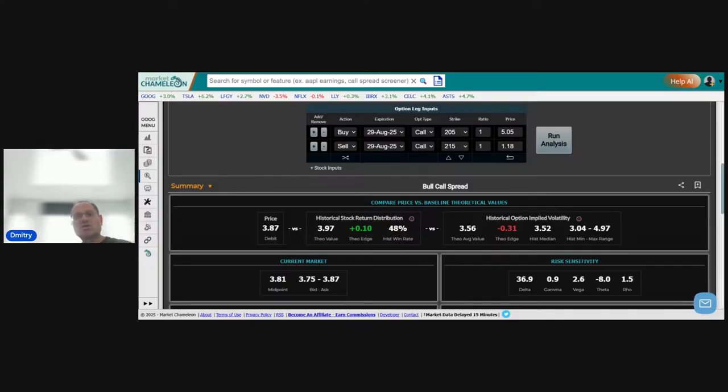Sometimes if it went up, this call spread could be worth as much as $10, sometimes in the middle. So what it will do is go through our default settings and say, on average, based on Google's stock distribution of returns, this spread had an average value of $3.97.